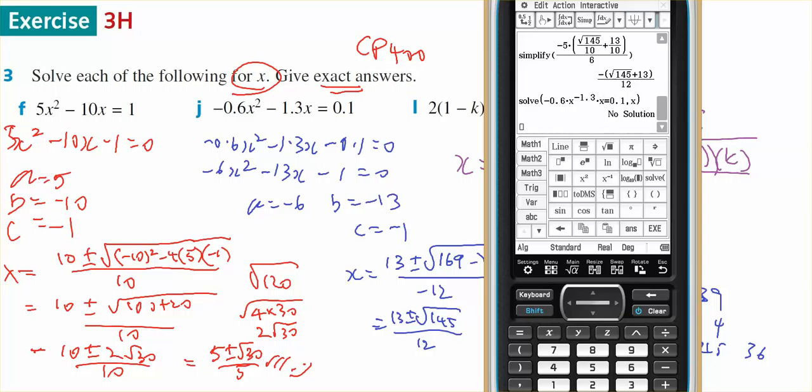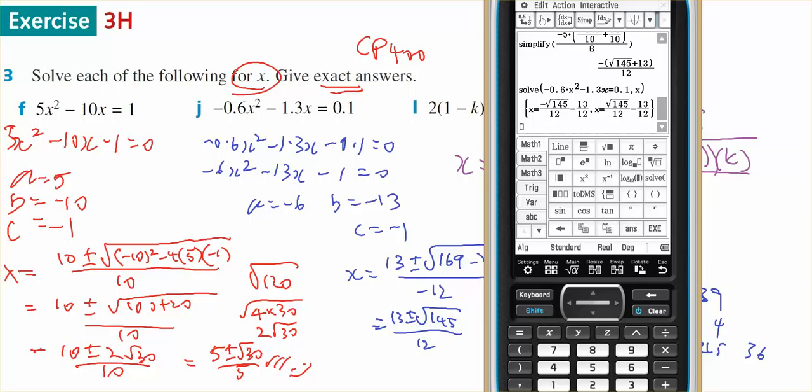No, that's because that's x raised to the power of 2 minus 1.3x. Too many x's, and there's the same answer.